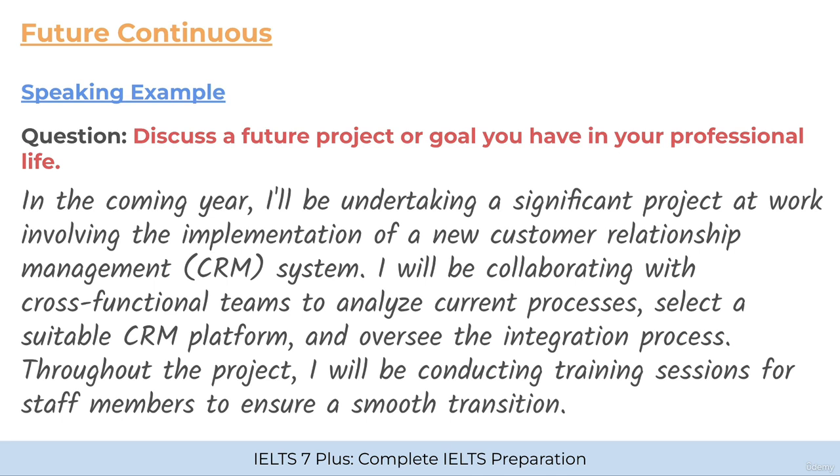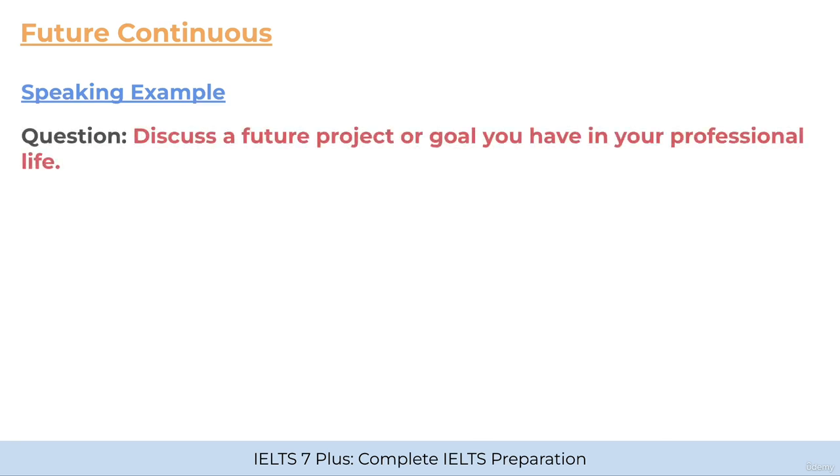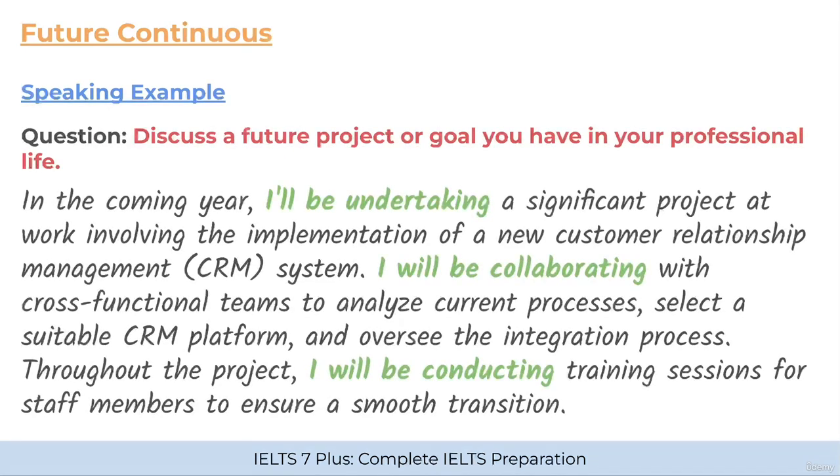So a bit of a longer example there, but you can see how you can talk about these various different things. Okay, can you spot the future continuous? How is it different from the future simple? What can you see here? And then we'll have a look through it together. Okay, so the examples. I'll be undertaking.